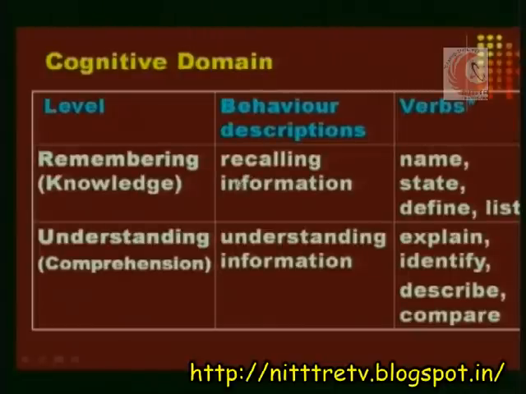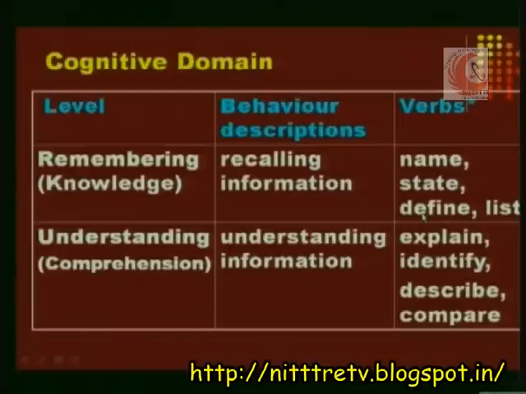Say, I take a very simple example, Kirchhoff's law. If I say state Kirchhoff's law, can I be sure that the student understands it also? Definitely not. So, the words used at this level are name, state, define, list. All of this focuses not on understanding, but just remembering, recalling.